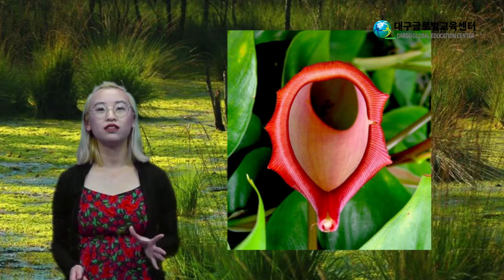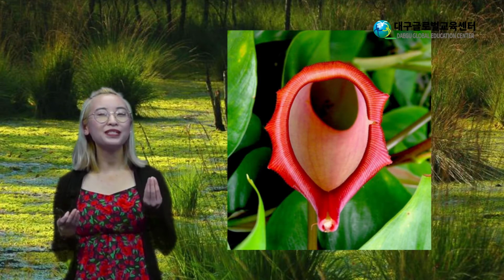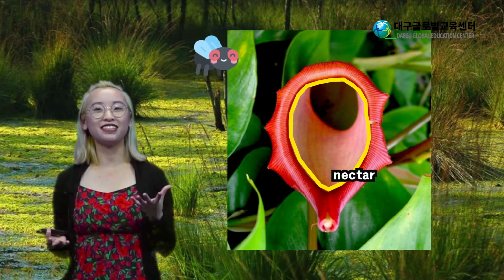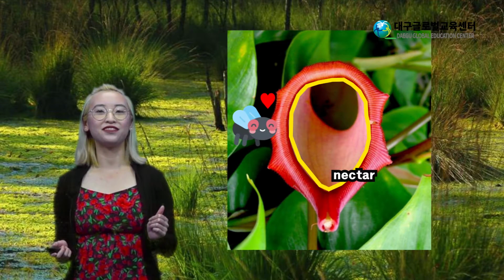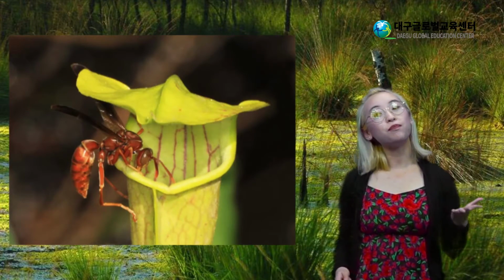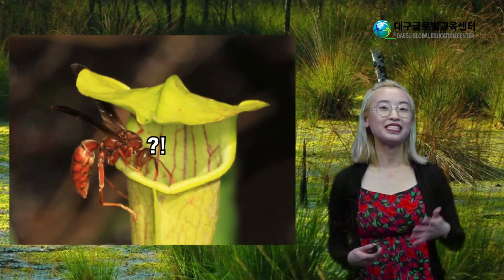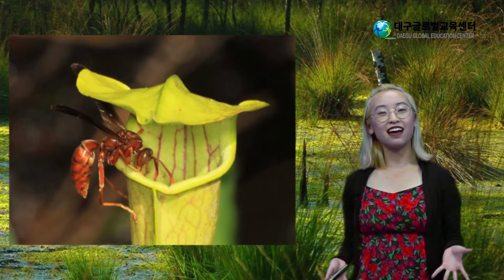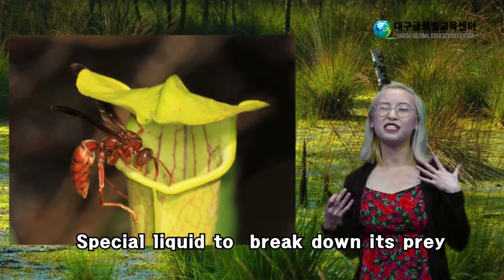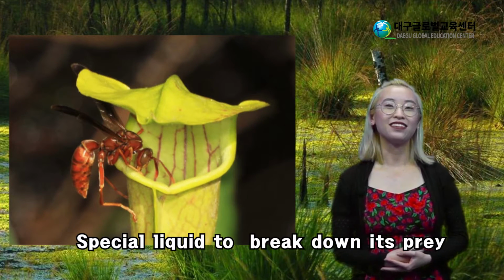The inner wall is covered with a slippery sweet juice or nectar that bugs love. If bugs go inside the plant, it would be very difficult to get out. Inside the pitcher plant, there is a special liquid to break down its prey.